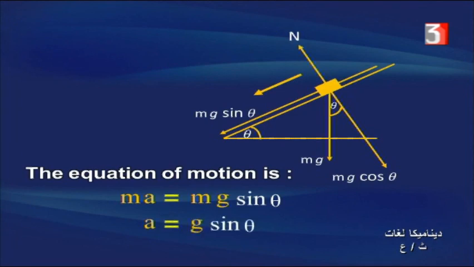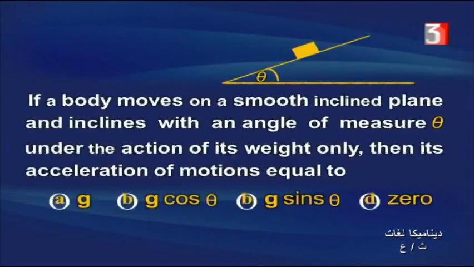Then the acceleration a equals g sine theta. Then if a body moves on a smooth inclined plane inclined with an angle of measure theta under the action of its weight only, then its acceleration of motion equals g sine theta.